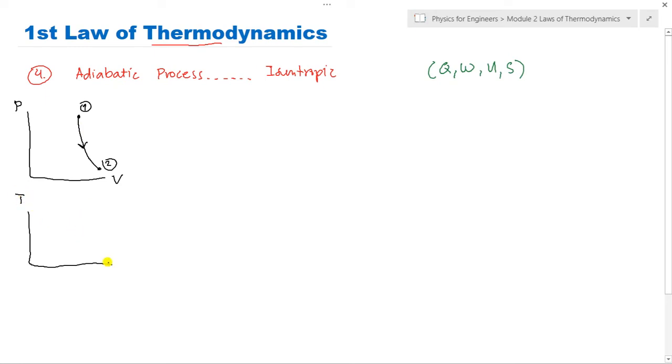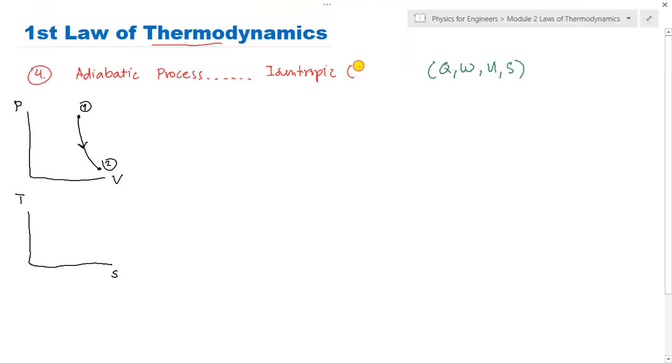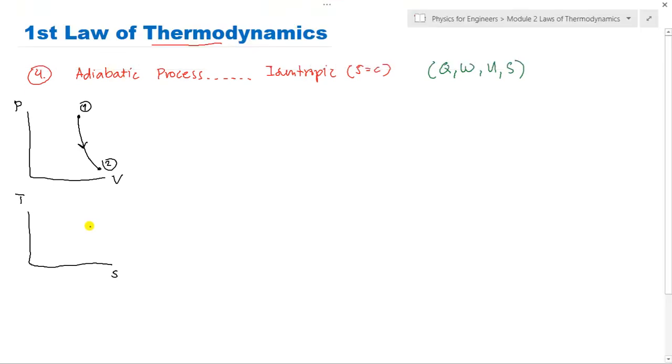Then for our TS, since this is isentropic, when we say isentropic, class, our entropy is constant. So here, it is a straight line on the TS diagram.